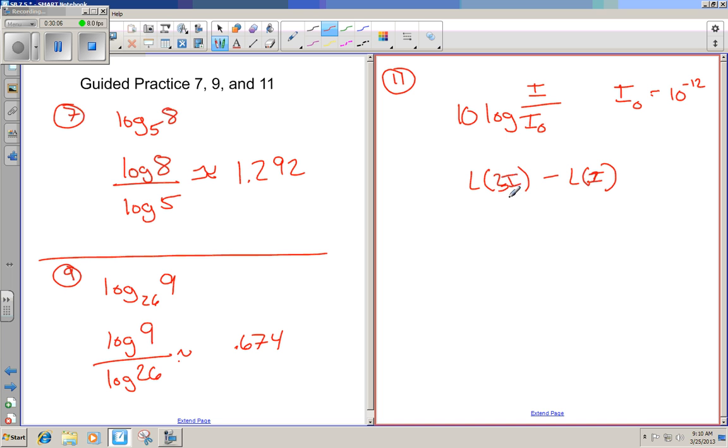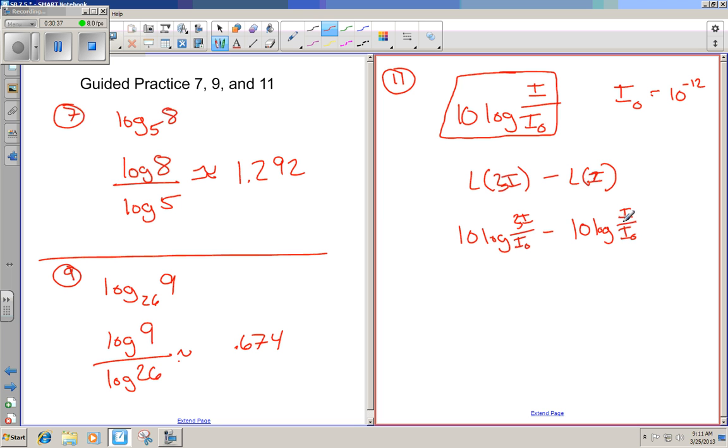So now we're tripling it. And so now we use this formula, 10 log, well, I is now 2I, or I'm sorry, 3I over I sub 0. And you're subtracting 10 log I over I sub 0.